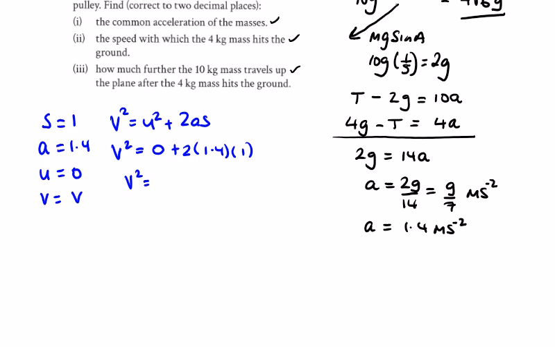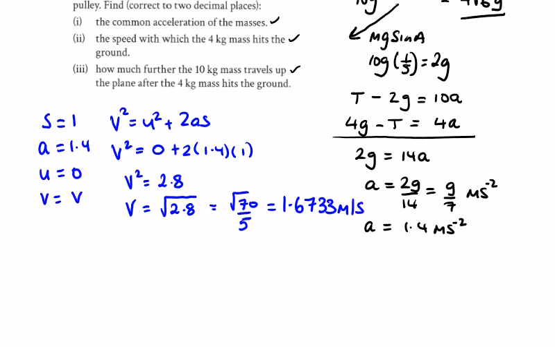So V squared is equal to 2.8, and V is equal to the square root of 2.8, which gives root 70 over 5, 1.6733. Does it ask for decimals? I'll take 4 decimals, meters per second.